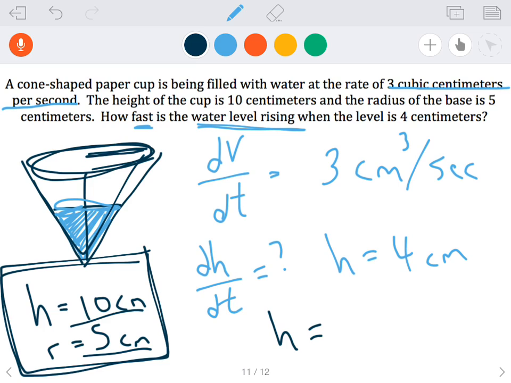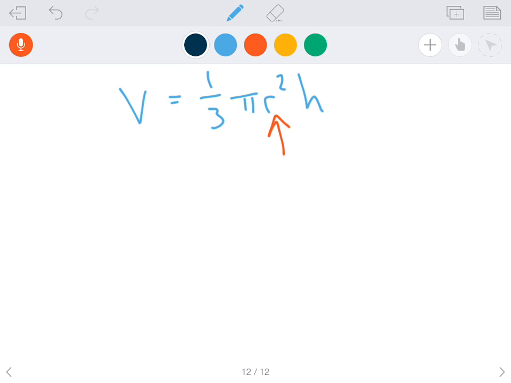So of the cup, the height is equal to 2r, or r is equal to h over 2. That's true for the cup, and it's going to be true for the water. That proportion is going to hold true. So I can say r is equal to h over 2, and I can sub that into my formula before I take the derivative with respect to time.